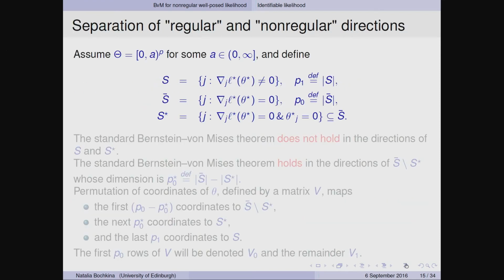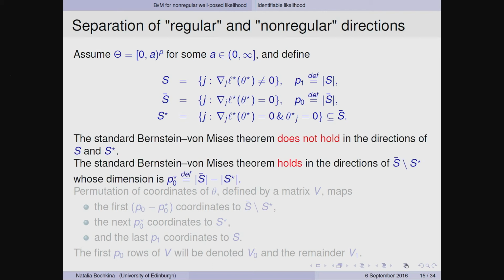So we introduce different coordinates: the first case where the derivative is non-zero, and the two cases where the derivative is 0, and we consider separately the case where theta star is also on the boundary but the derivative is 0. That one is the standard Bernstein-von Mises case, but in the other two cases, the posterior distribution will be different.